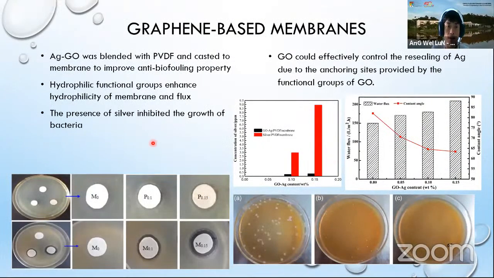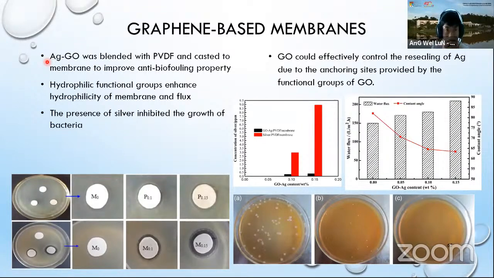Okay, and here is showing the antibacterial property of the membrane. So normally membrane does not have the antibacterial property, but in this case we are incorporating silver nanoparticles. Okay, so silver has disinfectant properties, but as I said, nanoparticles are very difficult to handle. Even if you put it in the membrane solution before you synthesize the membrane, it will tend to agglomerate.